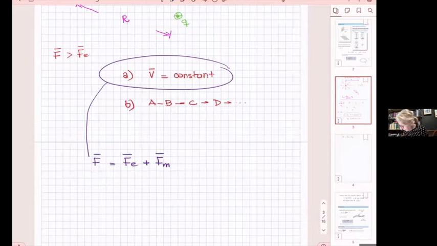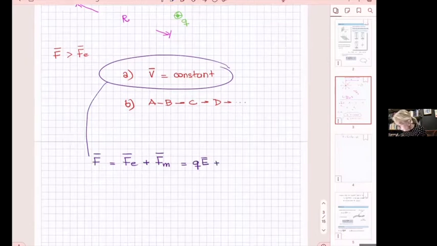And what is the new type of force? While in the first case Fe is QE, that's how we derived the electric field E, in the second case it's going to be QV cross B.